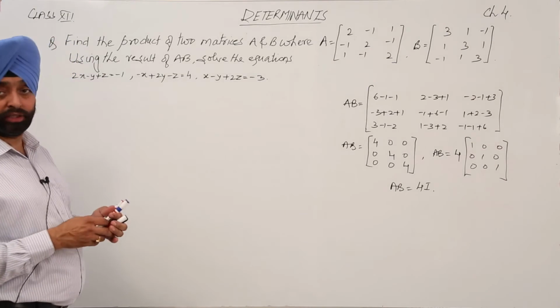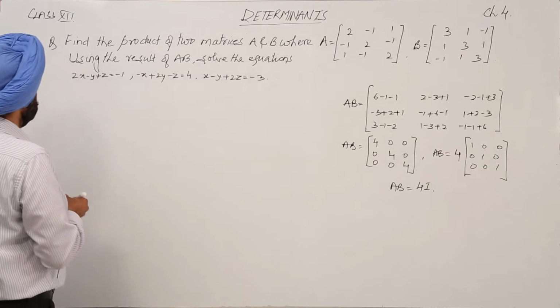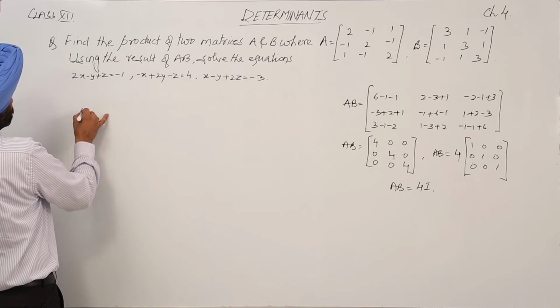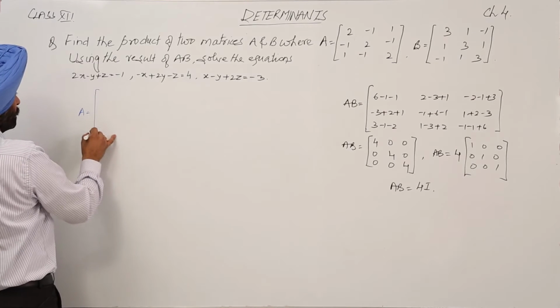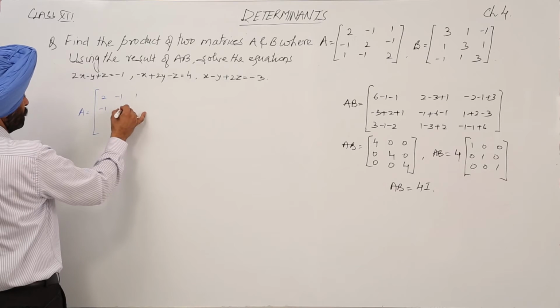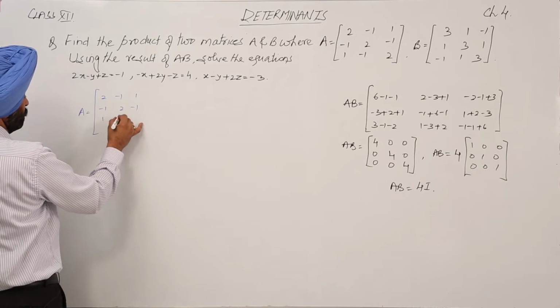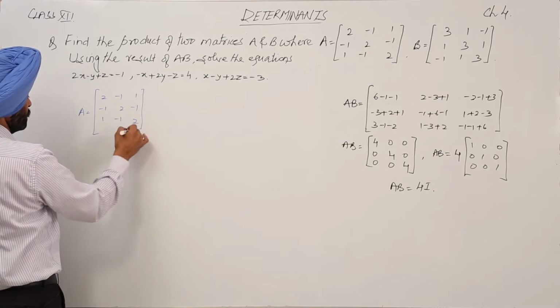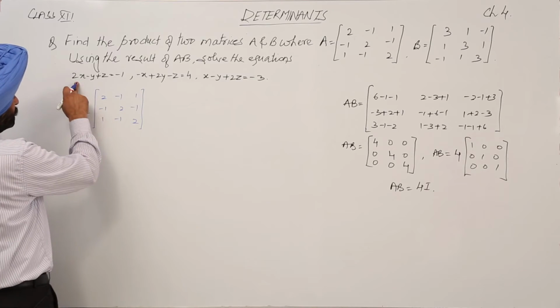The first step is to write the equations in matrix form. Now A is equal to 2 minus 1 1, minus 1 2 minus 1, 1 minus 1 2. This is the coefficient matrix of these equations.